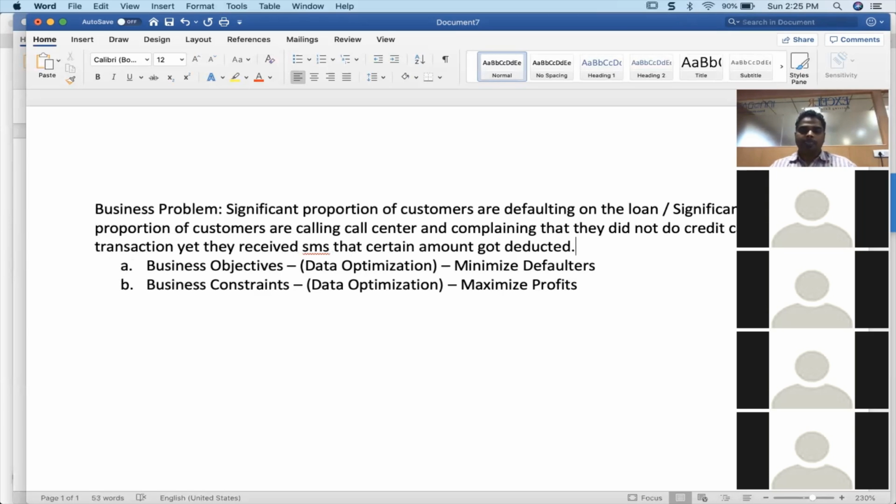What's happening? I am using a specific credit card, assume. Suddenly I get a message saying that 1 lakh amount has been deducted.